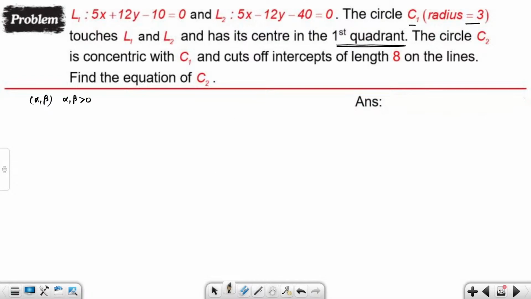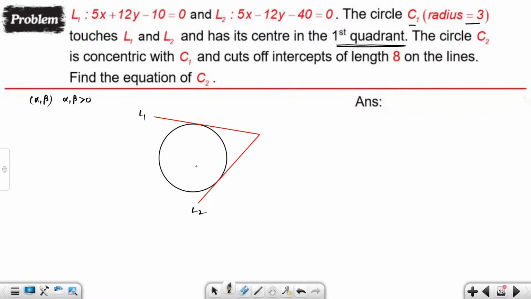Okay, let me draw this first. There is one circle. Now this circle touches L1 and L2. So there are two lines, L1 and L2. This is L1 and let us say this is my L2.